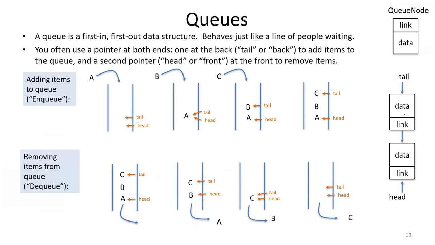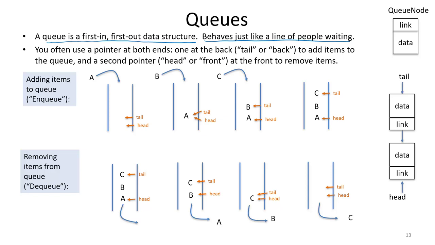Another kind of data structure that we will learn in this course is a queue data structure. A queue data structure behaves just like a line of people waiting, maybe for checkout at a grocery or waiting in line for a service. A queue is a first in, first out data structure.